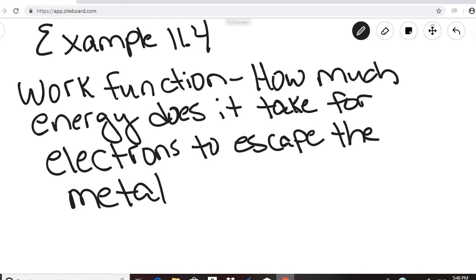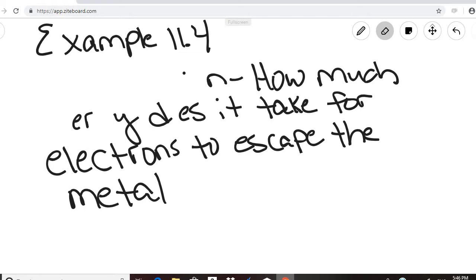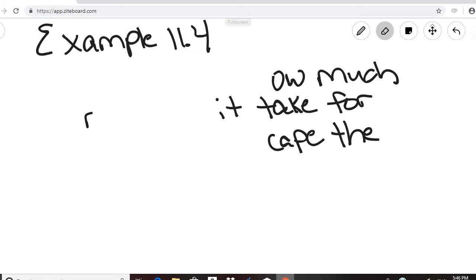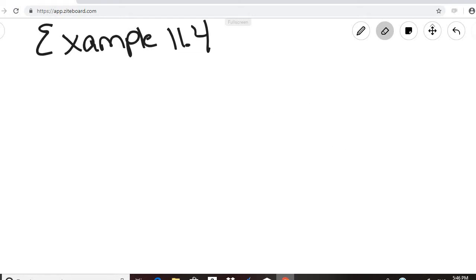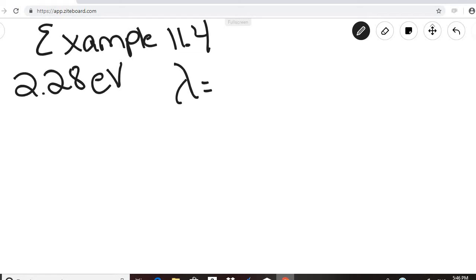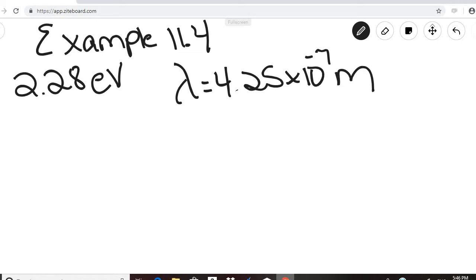So the problem says sodium metal has a work function of 2.28 electron volts. That's how much energy it takes for the electrons to escape from the metal. If blue light with a wavelength of 4.25 times 10 to the negative 7 meters is shined on sodium, what is the kinetic energy of the electrons that are emitted from the metal?